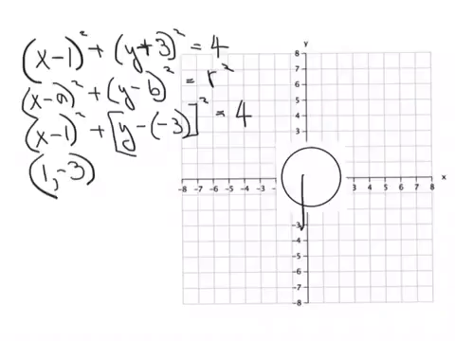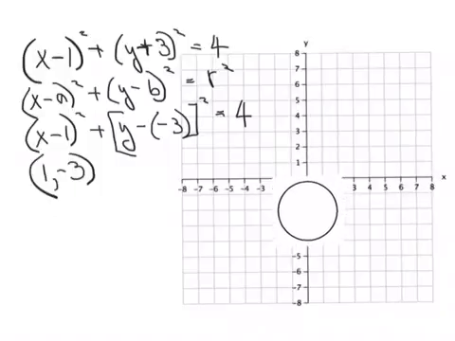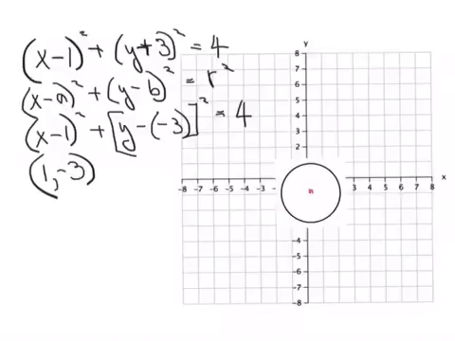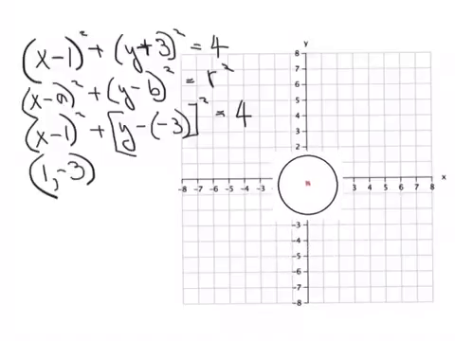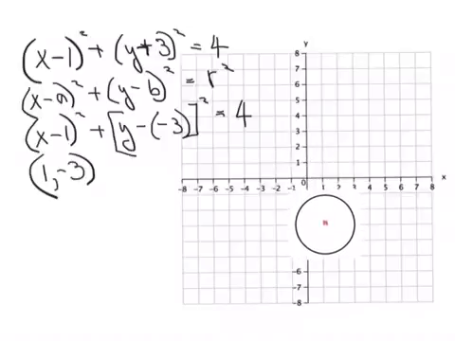So this is going to move the center. It does move. It's going to go over 1 and down 3. It's going to be right there. Okay? So what we have is a radius of 2, and our center is over 1, down 3. Alright, so that's how you would graph that.